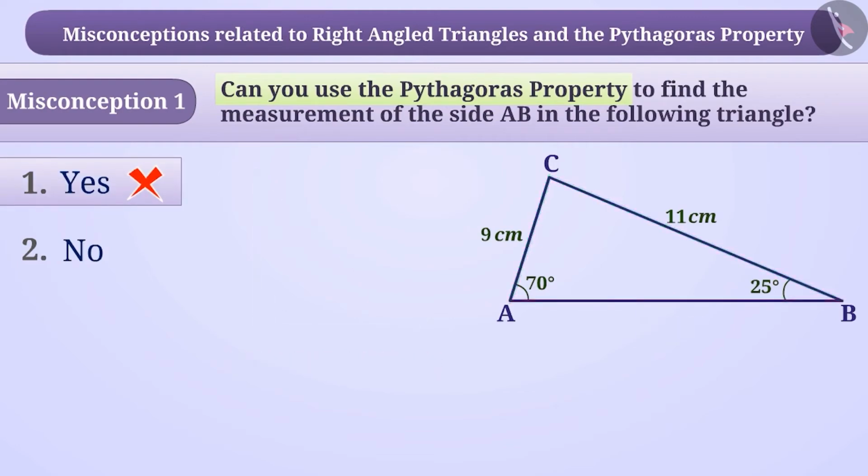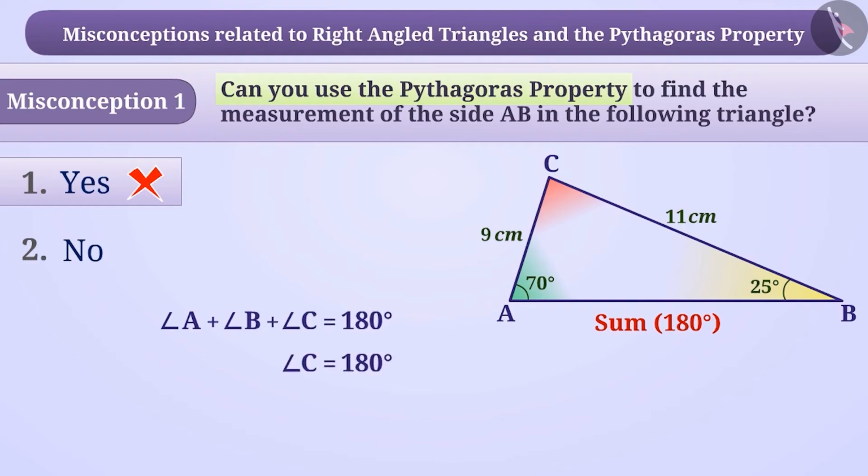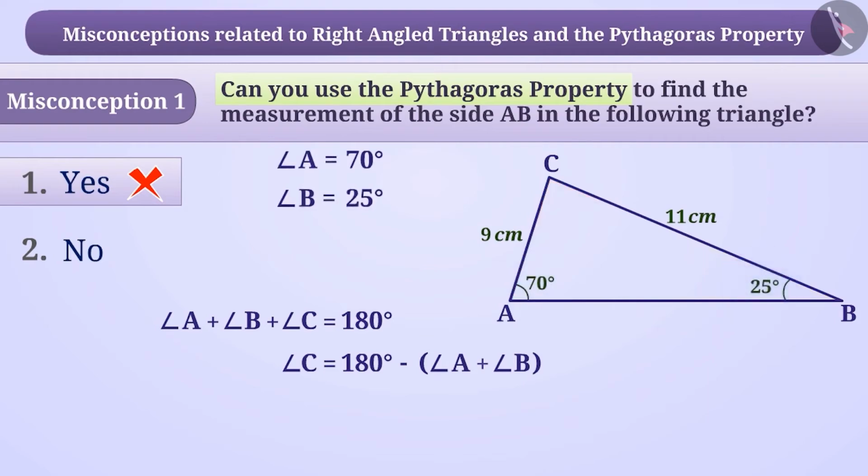We know that the sum of the three interior angles of a triangle is 180 degrees. That is, angle A plus angle B plus angle C is equal to 180 degrees. Angle C is equal to 180 degrees minus the sum of angle A and angle B. In triangle ABC, angle A is equal to 70 degrees and angle B is equal to 25 degrees.